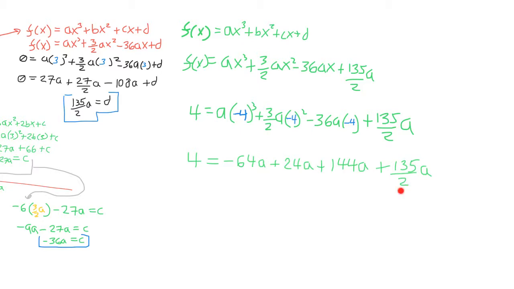I don't want to deal with the fraction, so I'm going to multiply everything by 2, multiplying both sides of the equation by 2. So that's going to give me 8 equals negative 128a plus 48a plus 288a plus 135. I feel more comfortable just combining these like terms, so I'm going to do that right now.